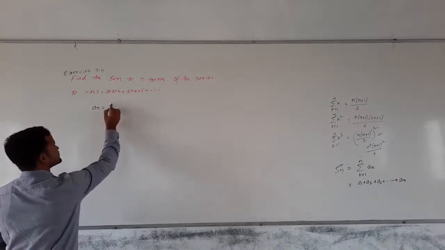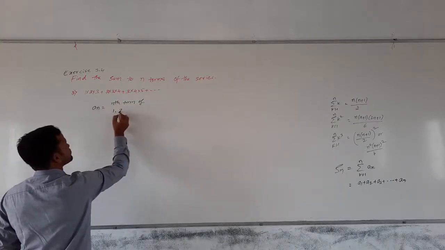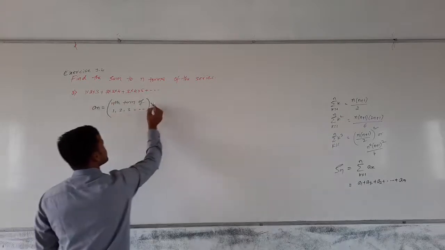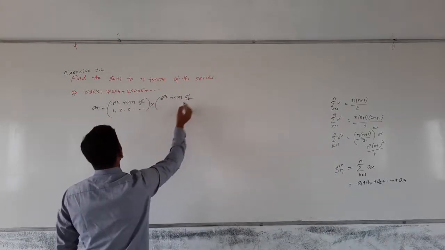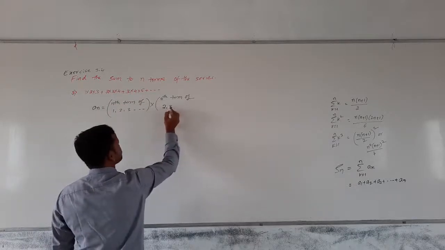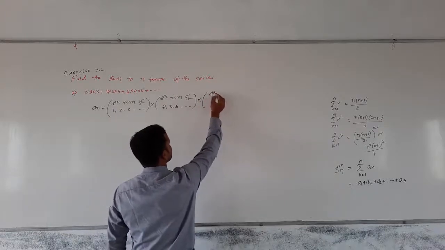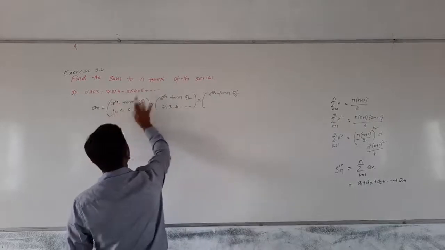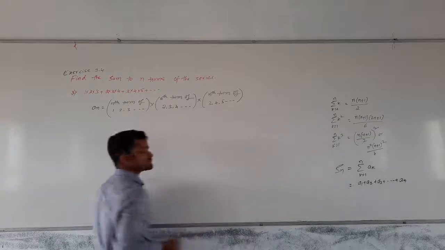An is nothing but the nth term of 1, 2, 3, this first one I am taking, so on, which is multiplied with the nth term of 2, 3, 4, the middle one I am taking, so on, into the nth term of 3, 4, 5, that last one, so on.